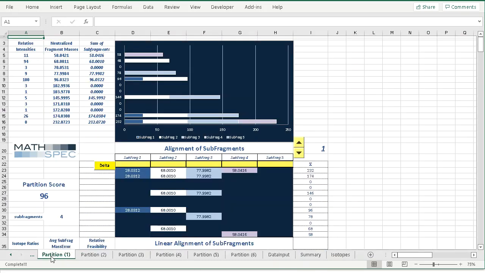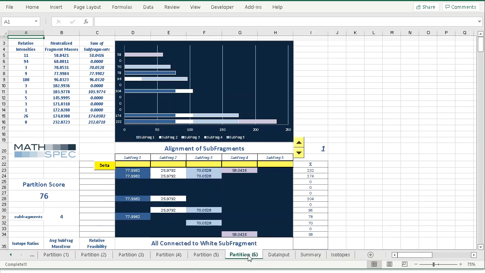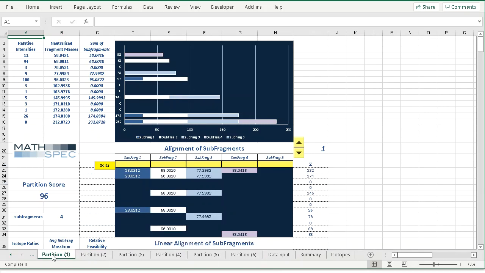So I'll go back to partition 1, and the highest score would be partition 1, and the lowest would be partition 6. The partition score is based on how many fragment ions. In this case, we had 7 fragment ions that can be explained by these 4 numbers here, these subfragment masses.